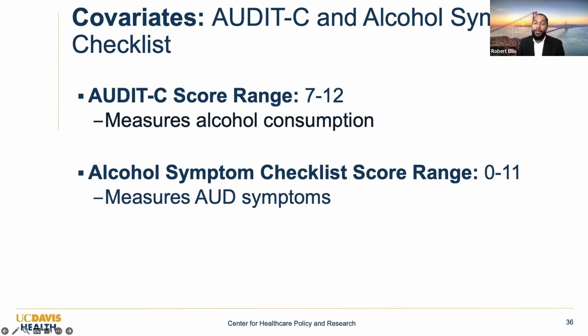Our covariates include the AUDIT-C as well as the alcohol symptom checklist. The AUDIT-C scores in the study range from 7 to 12, because this is our high-risk drinking group, as well as the alcohol symptoms checklist score ranging from 0 to 11, which measures the AUD symptoms.